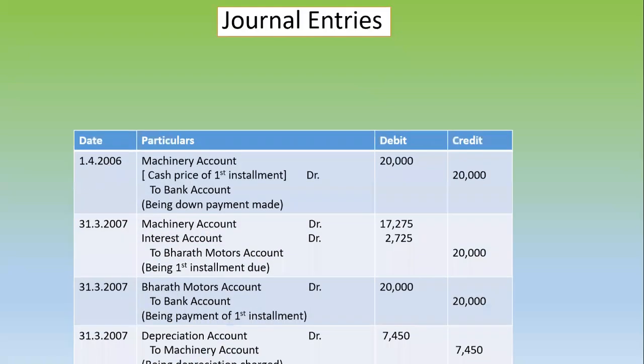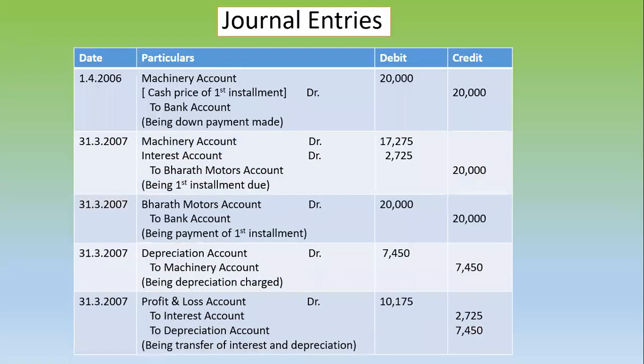Right. Now we will do it for the first year, right? The accounting year starts on 1/4/2006. Mr. Ashok is purchasing the machine on 1/4/2006, and he is paying the down payment of 20,000 on 1/4/2006.